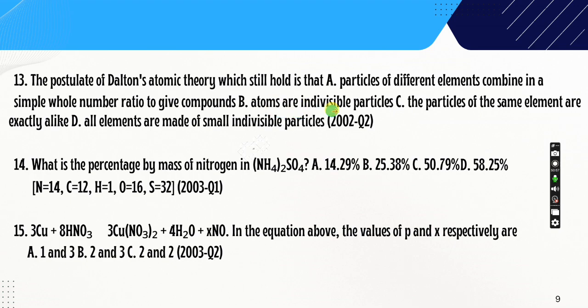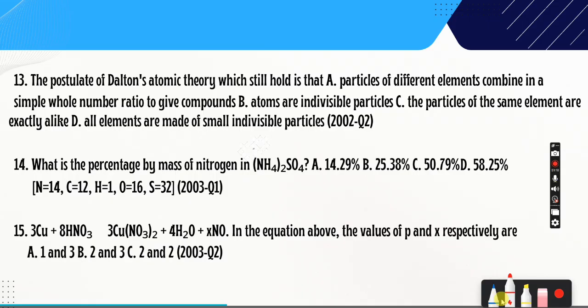That atom itself is not the indivisible particle. So this law is not holding again. The particles of the same element are alike: isotopes have disproved this. Elements are made up of small indivisible particles is the same thing as option B, so it is wrong. So the only one that still holds is option A.